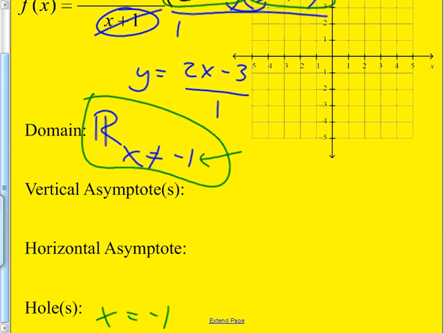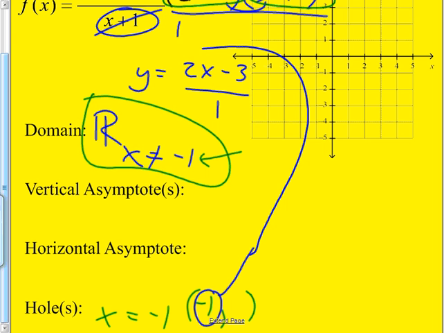So if it's a hole, it's at x equals -1. Now, some kids have asked me, would you tell us how to find the other part of the hole? Sure. If the x is -1, that has to go with some y. All you have to do is take this number for x and stick it not in the original, because if I put -1 in the original, it's going to crash.